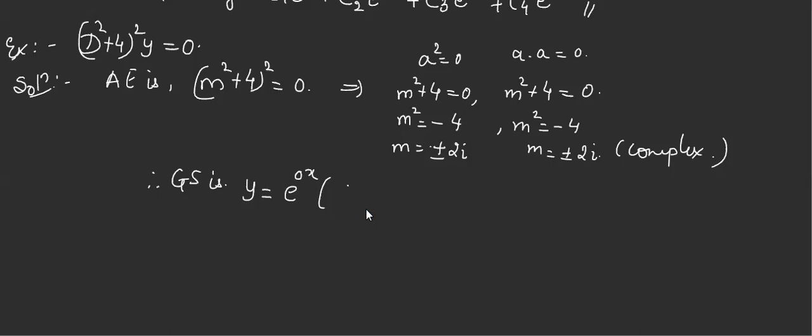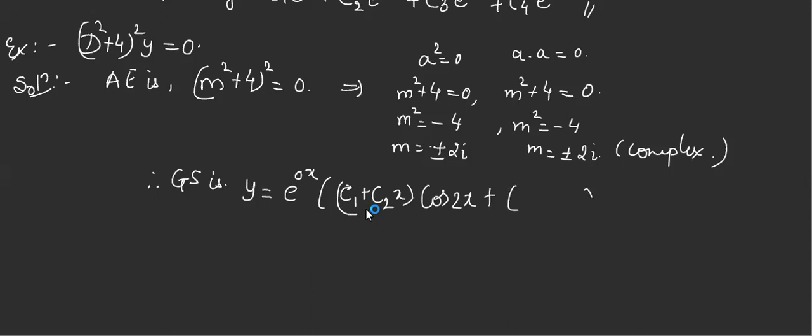What do we write for equal roots? Real and equal: C1 plus C2x. Then cos 2x plus sin 2x. I thought you would guess it.